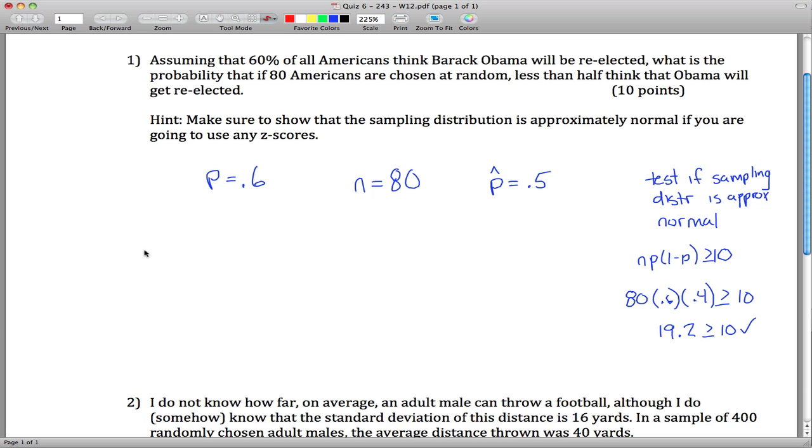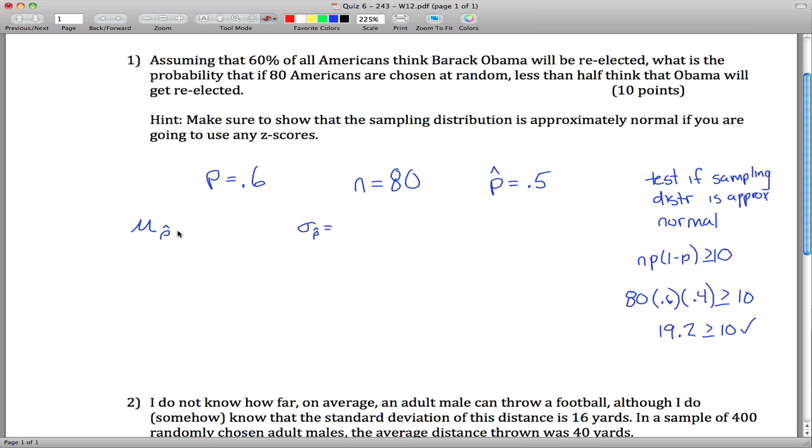And then once you do that, really what we need to do is figure out a z-score. To figure out the z-score, we need to know what the mean of p hat is and what the standard deviation of p hat is.